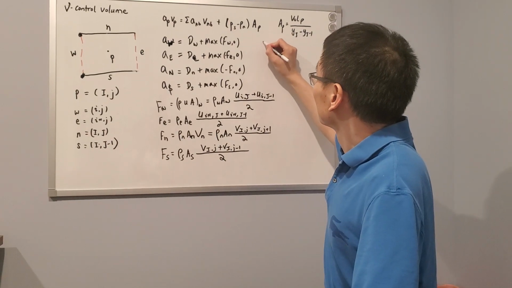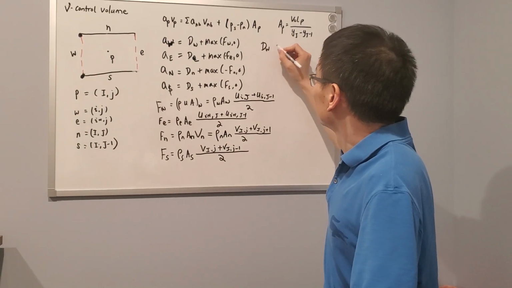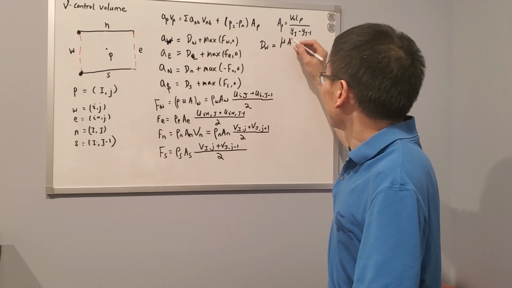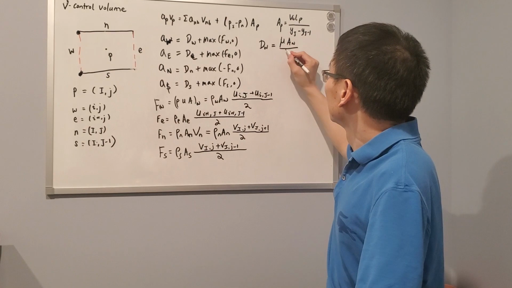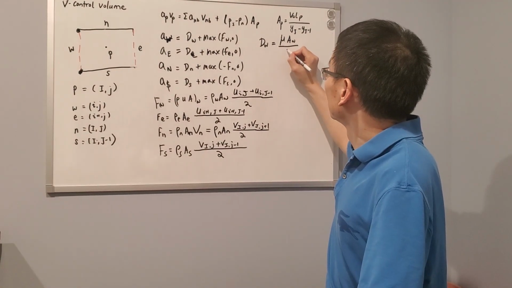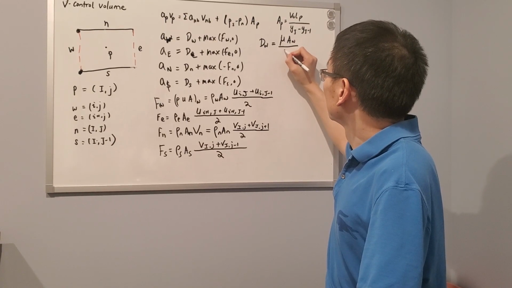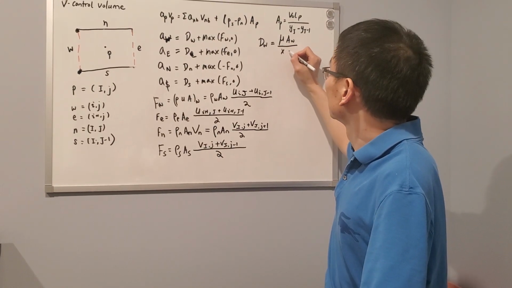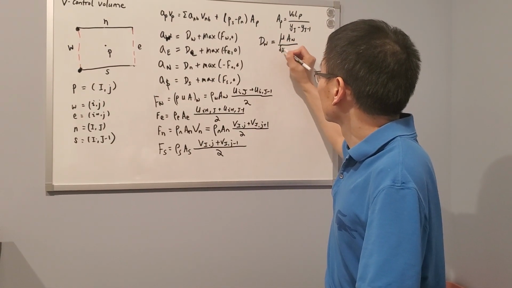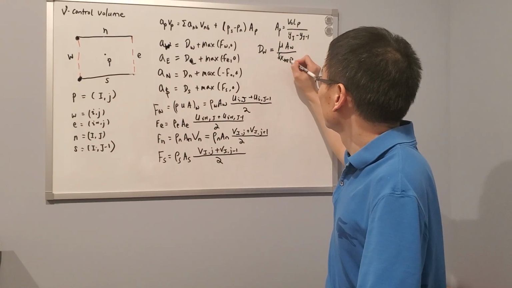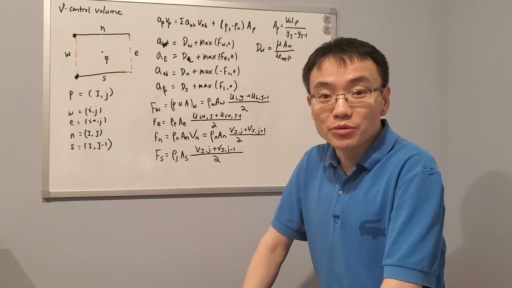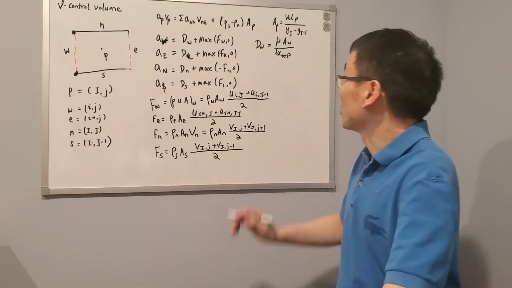Now let's compute dW, which is mu AW divided by delta x W. So the coefficients for these will be similar to what we had for the U control volume.